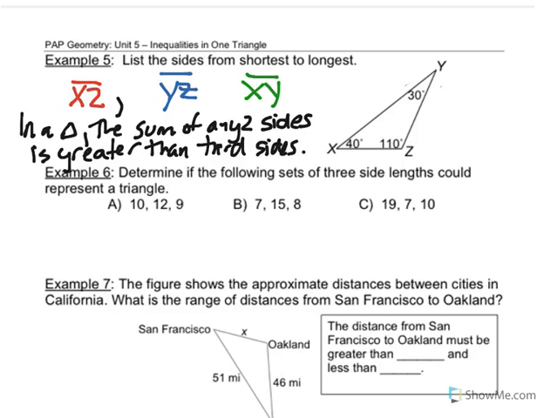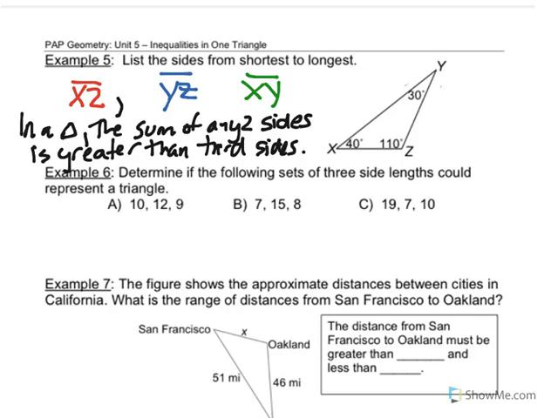So basically what it's saying, pick any two sides you want on a triangle, add them up, and those two measurements are going to be greater than the third side. So why don't you look at example 6 and figure out for yourself which one of these could represent a triangle, A, B, C, 1, 2, or all of them. So hit pause and try that for yourself.